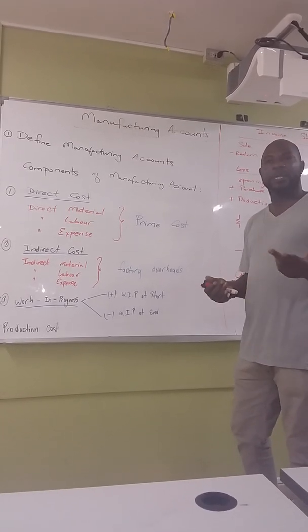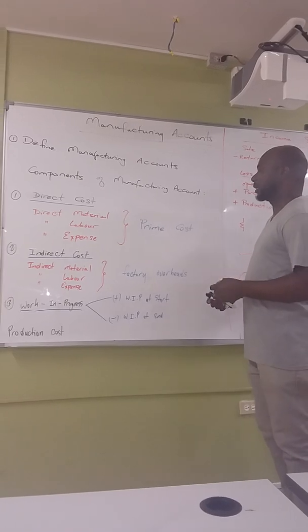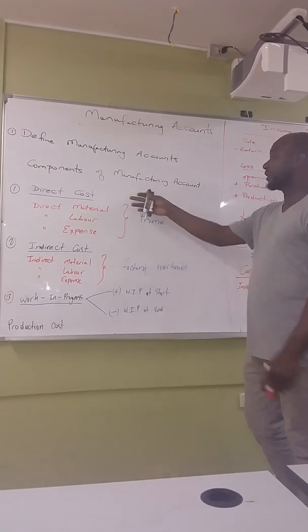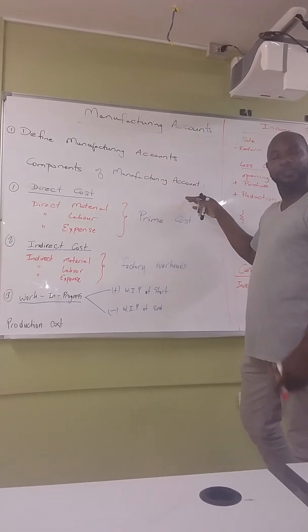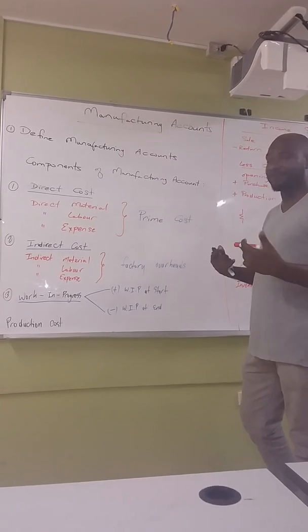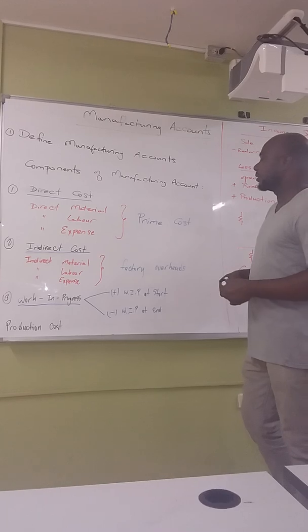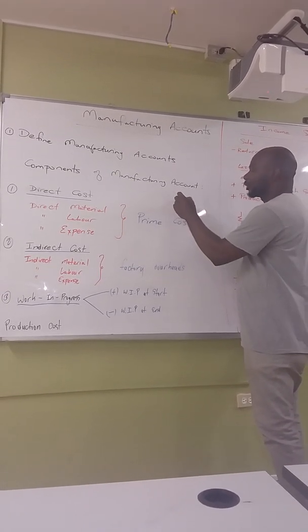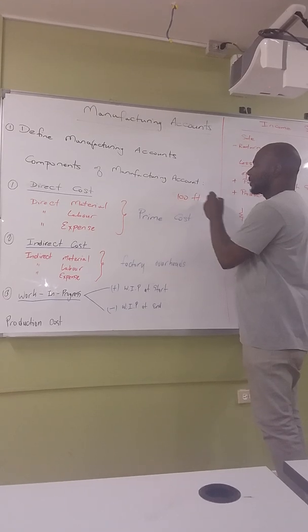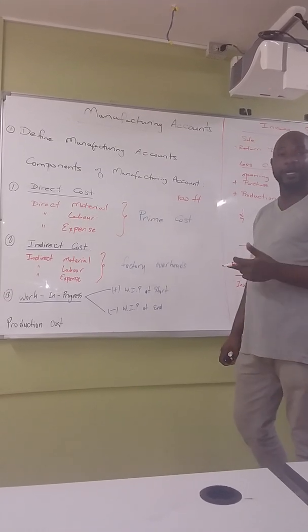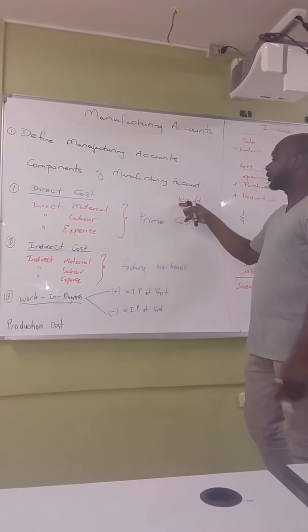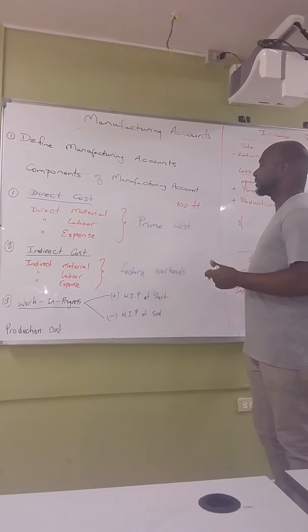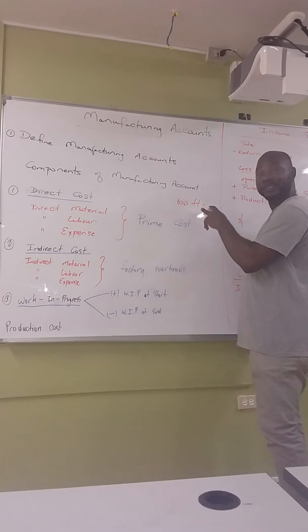Assuming that it requires say 5 feet of lumber to make a dresser, it therefore means that if you had used up 100 feet of lumber, you would have made 20 dressers.